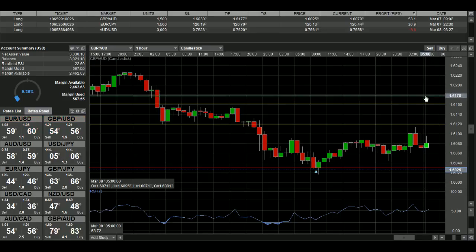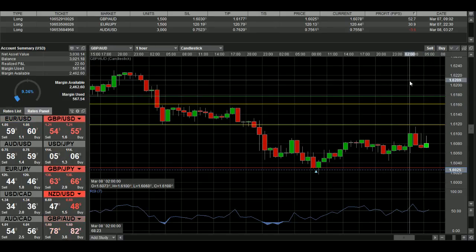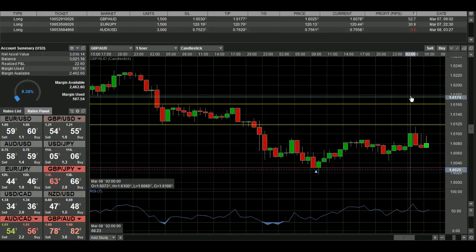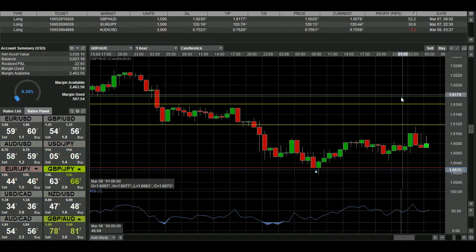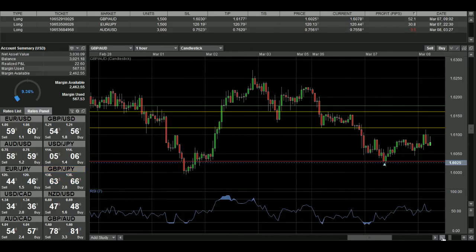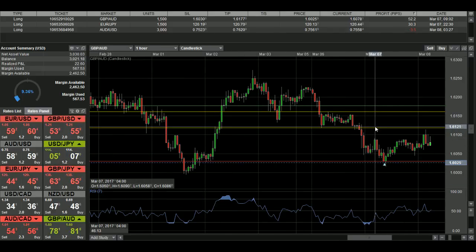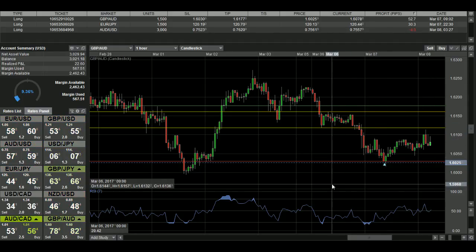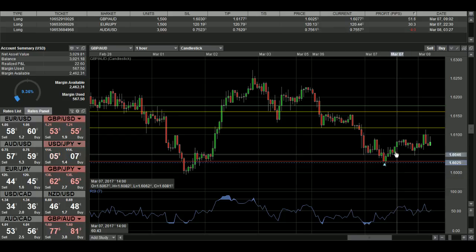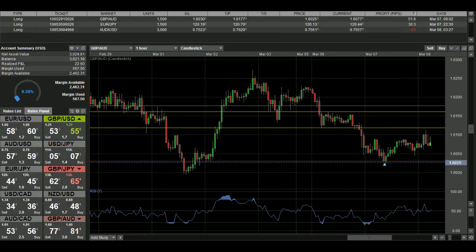My target's up here, 61.77. So we've got two areas of congestion here that we've got to get through to get to that second target, but we may not get there. And we got these wicks coming in now, but we'll have to wait and see.